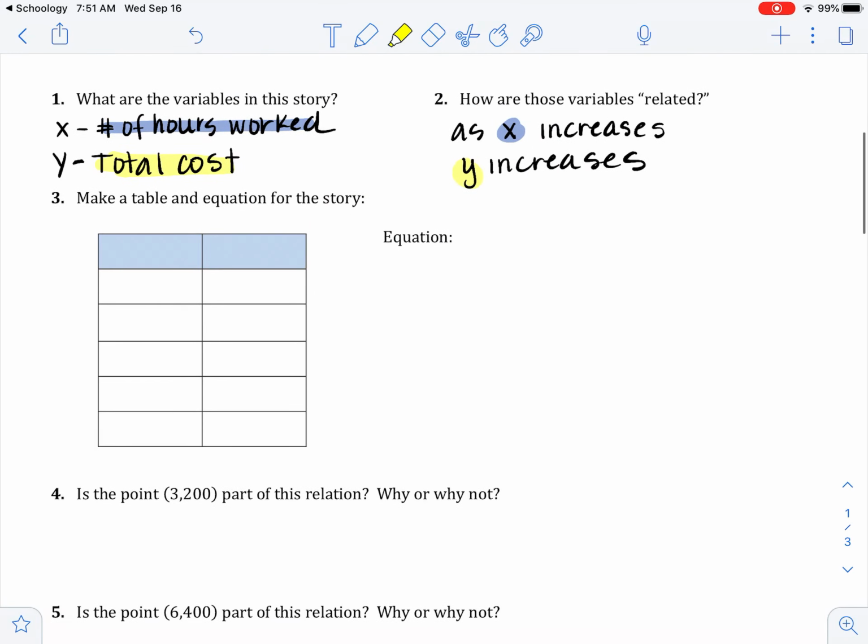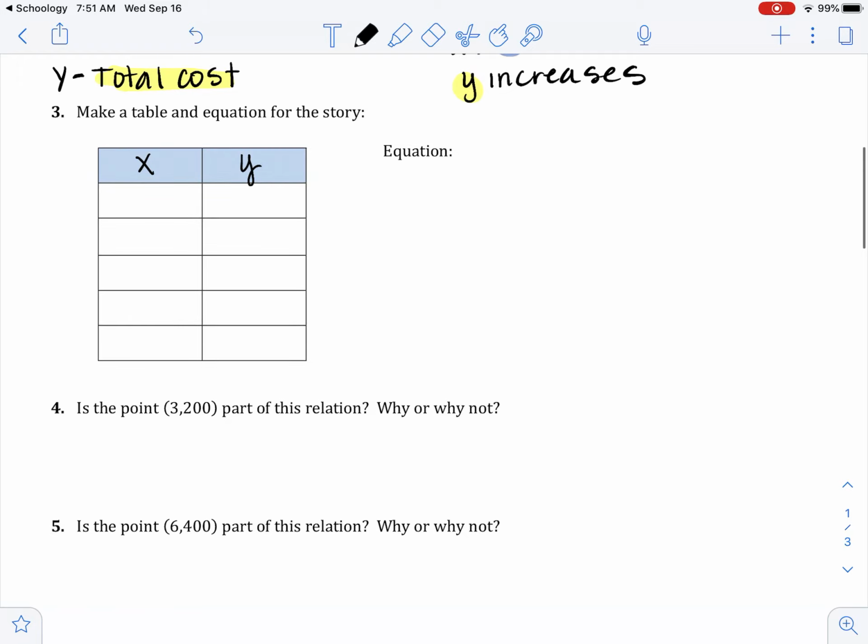All right, so let's make a table and equation for the story. So x is going to be number of hours worked. So instead of labeling it here as number of hours worked, I can just put x in here because I already have it defined above, and this is going to be y. Okay, so now I want to come up with the number of hours that can be worked. So they can work 0 hours, right?